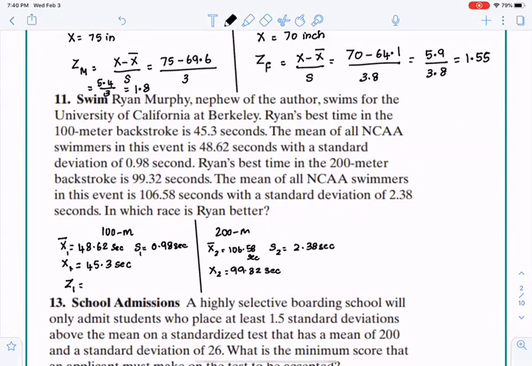So for the 100 meters, it's simply x1 minus x1 bar over s1.